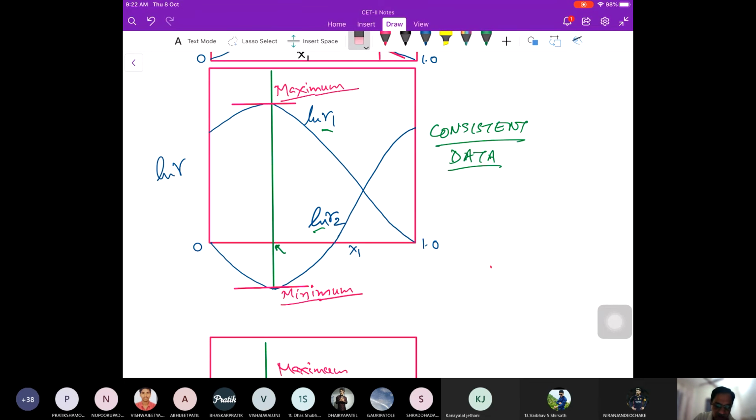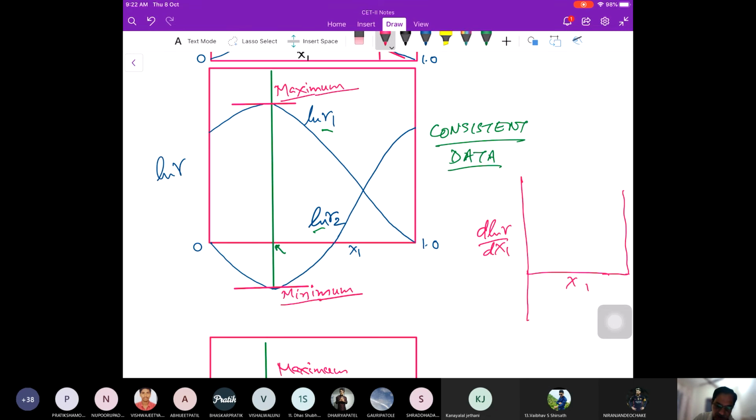What will the second derivative be? If I take the derivative at every point and plot it against x1, at a maximum I should get a negative value.